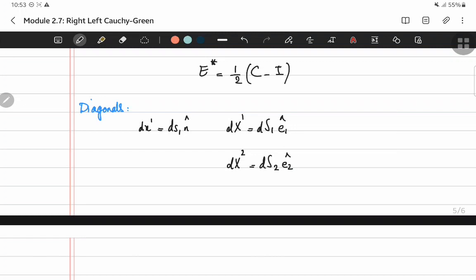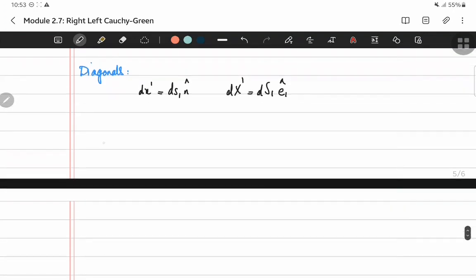In the reference configuration they are basically perpendicular. With this in mind, I have dx1 dot dx2, and here I assume that dx2 is equal to dx1, because I'm going to calculate the diagonals.